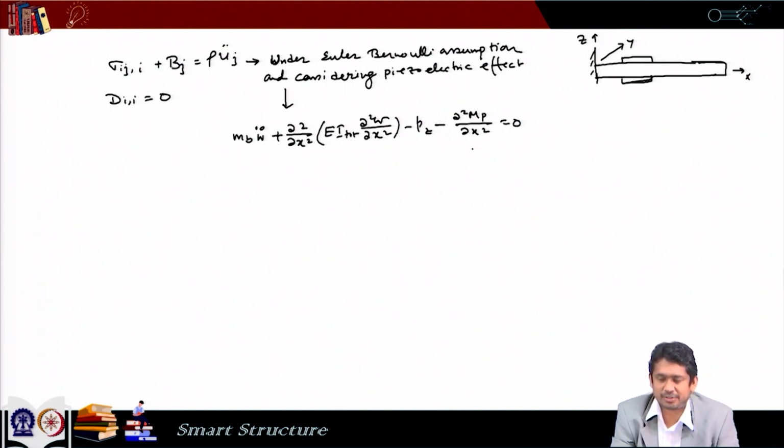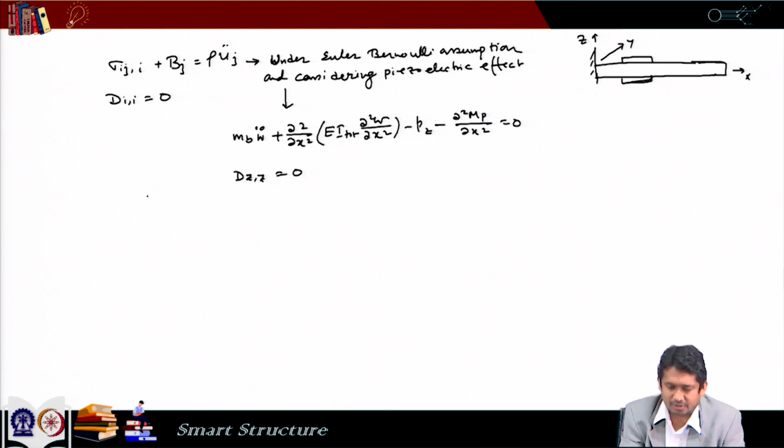So, we are very familiar with this equation, we already derived it, and the other equation is just this, the Gauss law, considering the fact that these piezoelectric patches are polarized in z direction, and so all the electric field and voltage are in the z direction, electrical displacement in z direction.